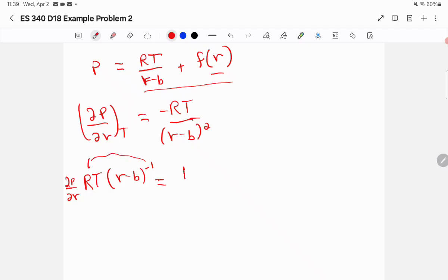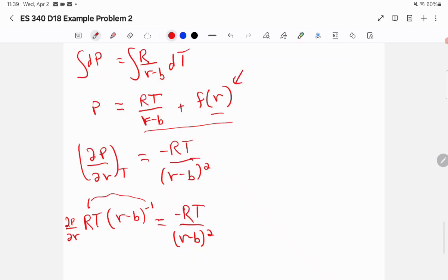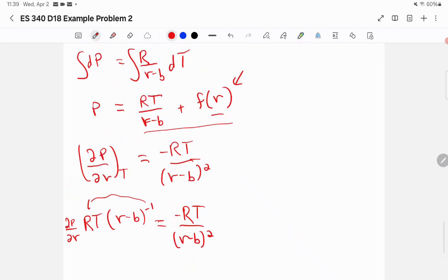So this is going to be minus RT over V minus b all squared. And then plus the derivative of f with respect to V, because I'm taking the derivative with respect to V.